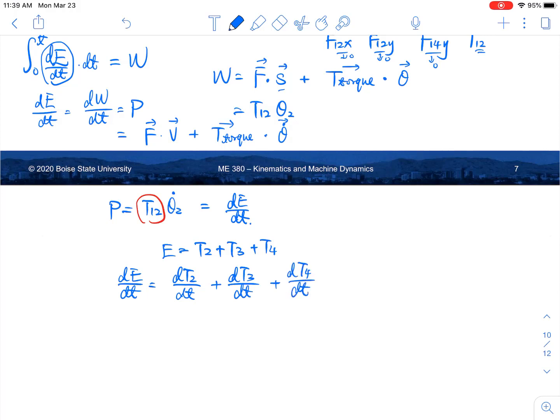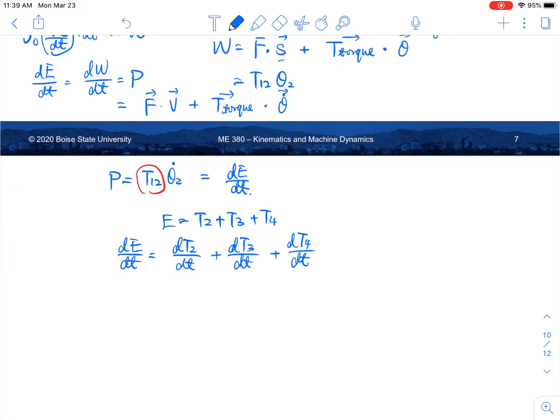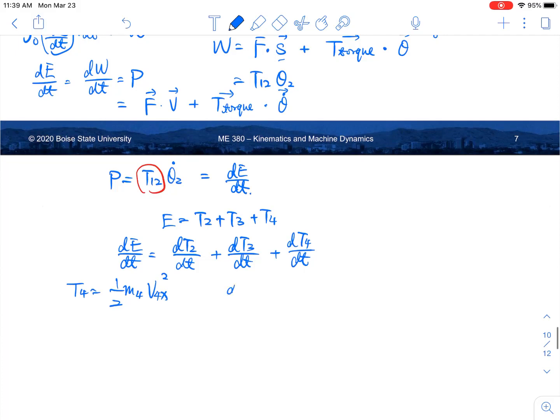All right, so let's start from T4. Your T4 is half M4 V4x squared, right? So for dT4/dt, let's try to find all the time varying components in this expression. The 1/2 is constant, M4 is a constant.